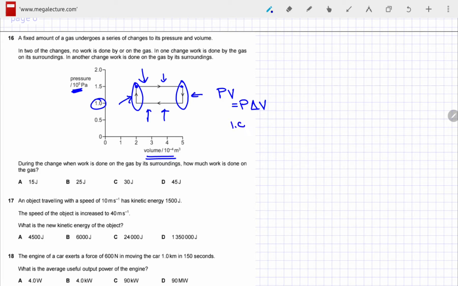So you have 1.0 into 10 raised to power 5 pascals times the change in volume. It's going from 5 to 2, so we have 5 minus 2, but you also have into 10 raised to power minus 4 meter cube. Now put this in the calculator, and the work done comes out to be 30 joules. So the correct option is option number C.